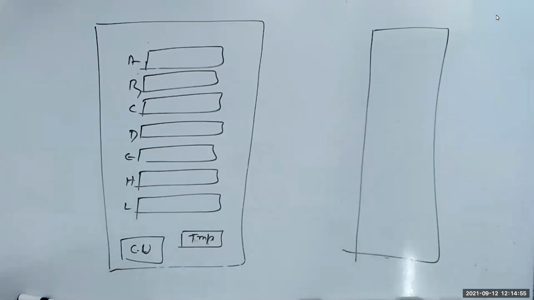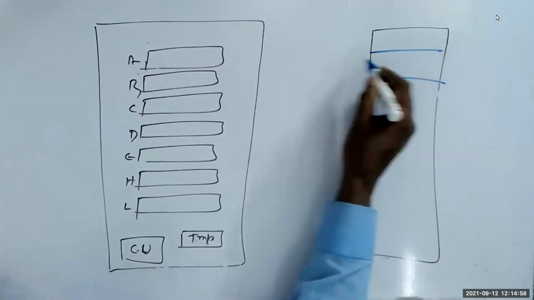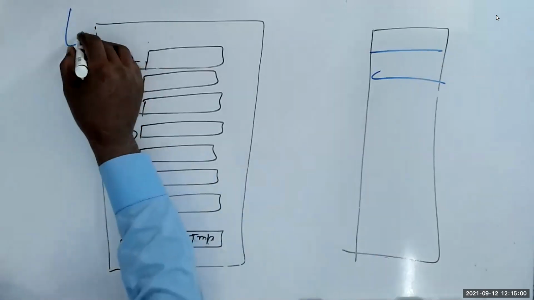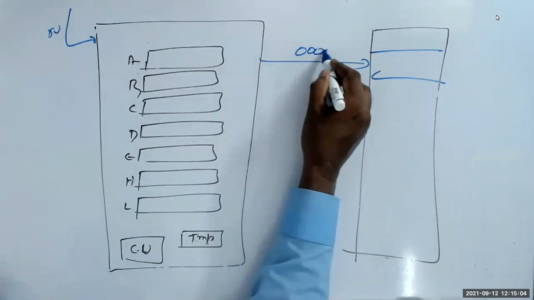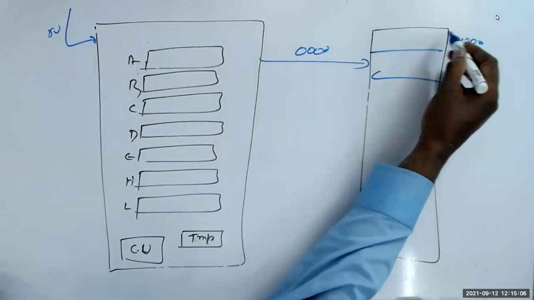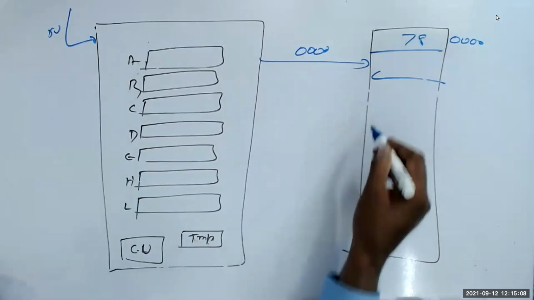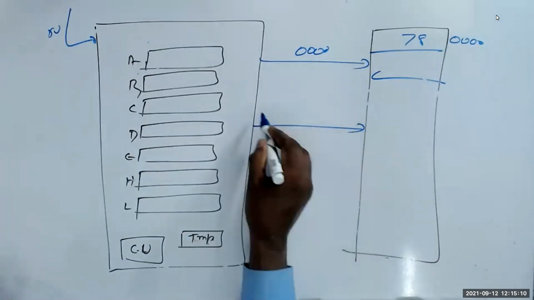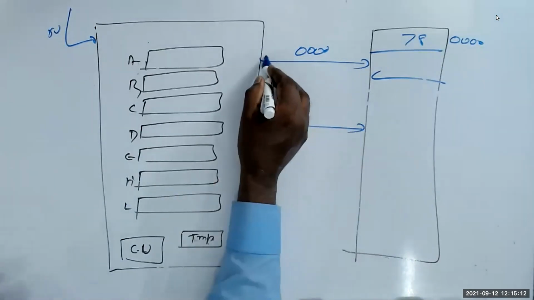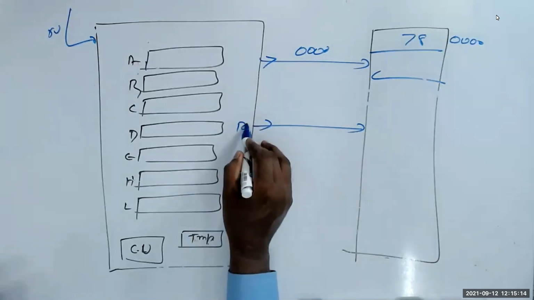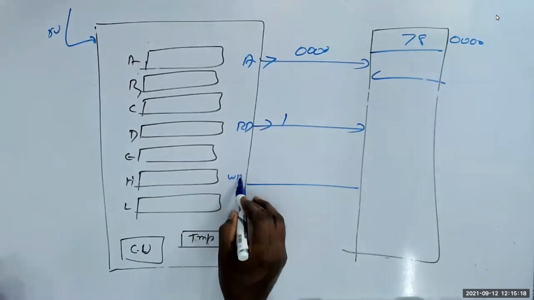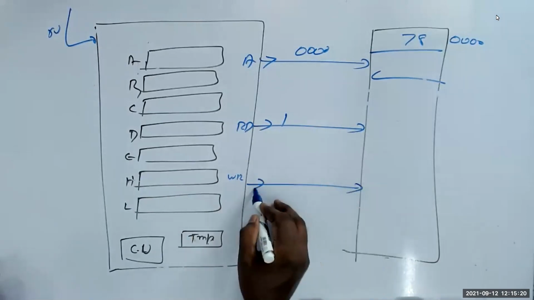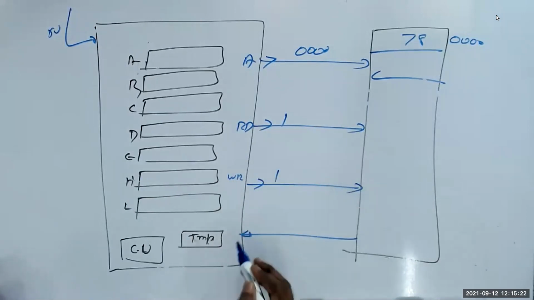The moment I give the 5 volt power, the microprocessor always gives address 0, line 0. This is 78. It comes here. The microprocessor gives read, write as 1, and it accepts the data.